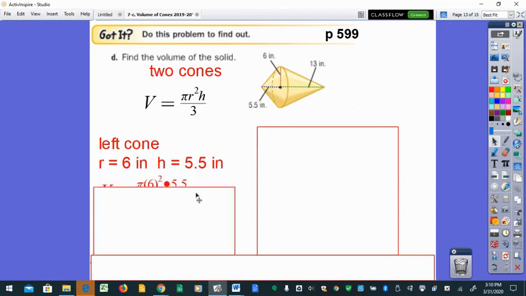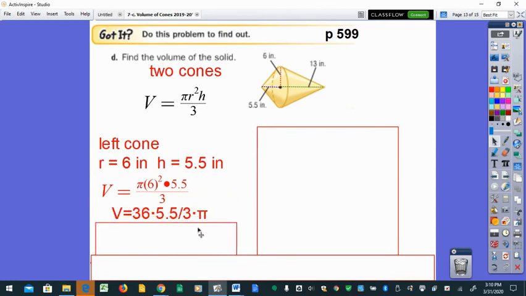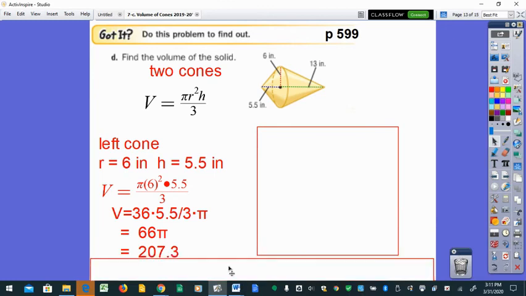So I'm going to square the 6, multiply it by 5.5, divide by 3, and that would give me 66 pi. 66 pi inches cubed. That's your exact answer. Now 66 times pi would be about 207.3. Our units are going to come in a second. I have not forgotten them.